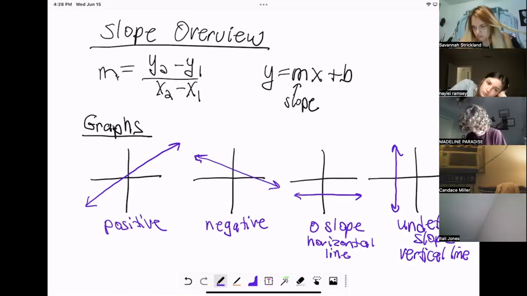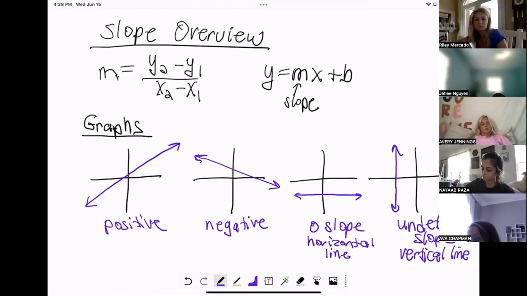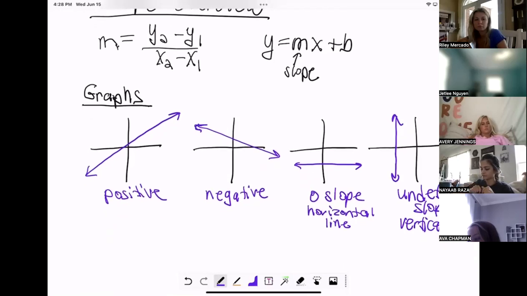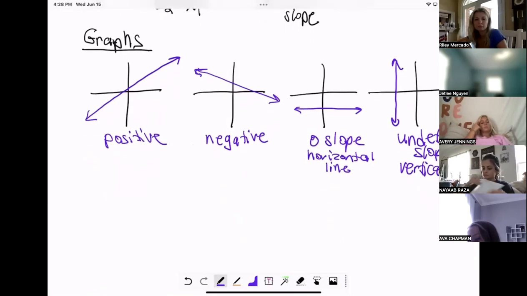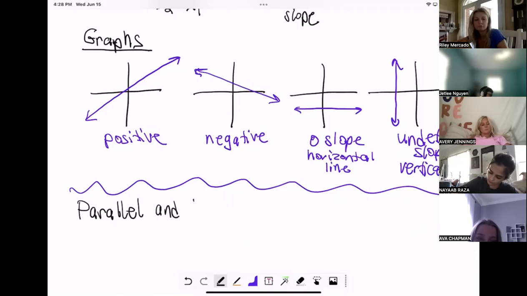Make sure you guys are all done, all caught up, everybody good. Hey, I'm gonna scoot up just a little bit, so if you still have to draw the graphs, there they are. But we need to talk about today, last topic, parallel and perpendicular lines.